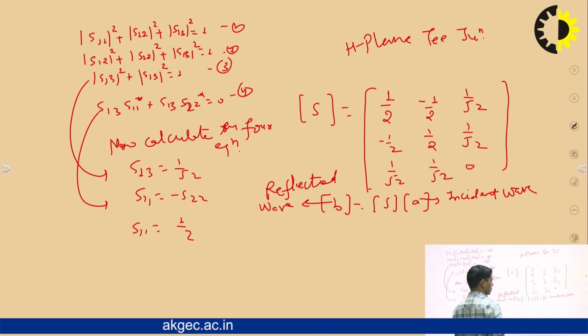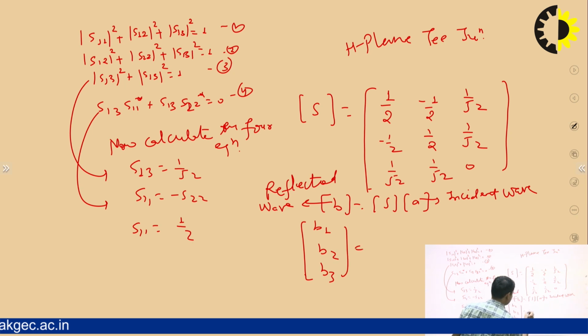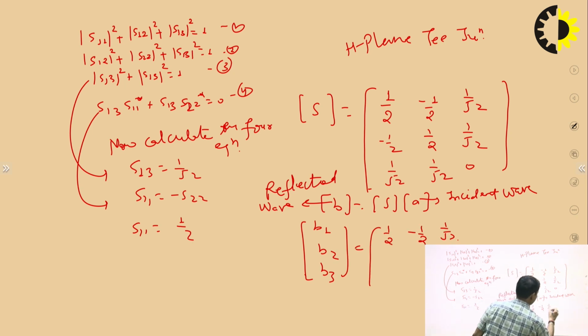So in this we can calculate the output B1, B2, B3 in this way: 1 by 2, minus 1 by 2, 1 by root 2, minus 1 by 2, 1 by 2, 1 by root 2, 1 by root 2, 1 by root 2, 0, times A1, A2, A3.